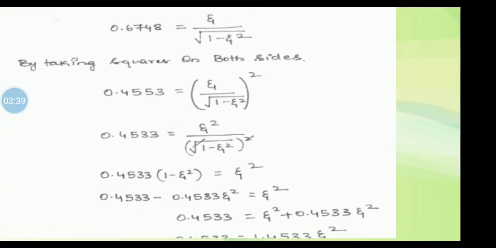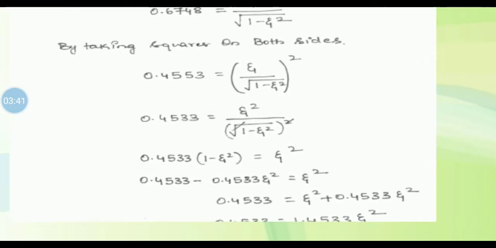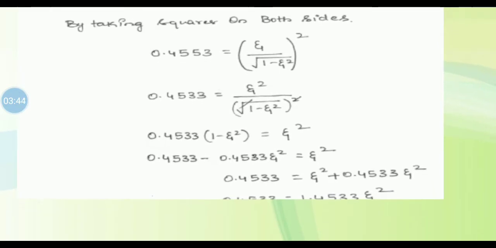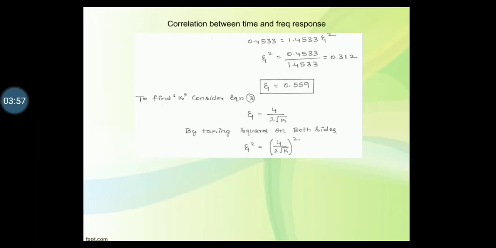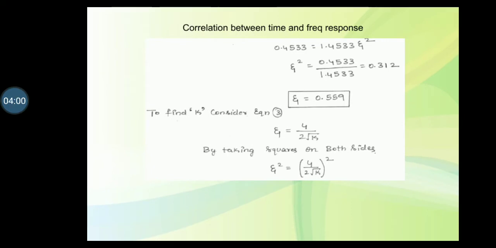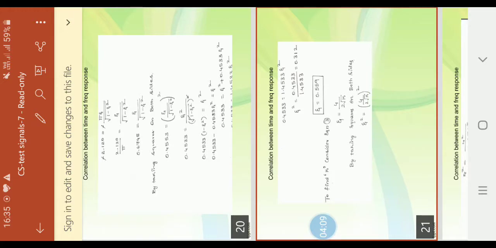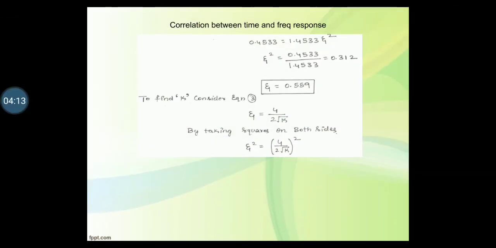So 0.4533 minus 0.4533 damping square is equal to damping square. 0.4533 is equal to damping square plus 0.4533 damping square, which is 1.4533 damping square.